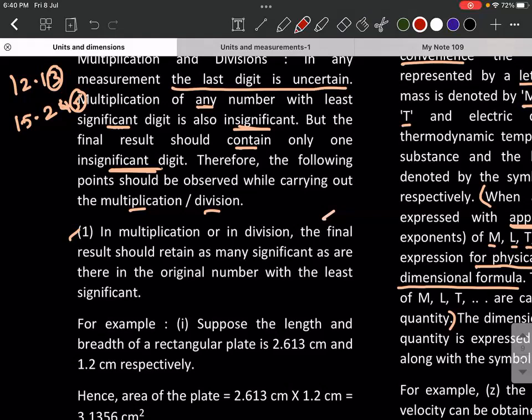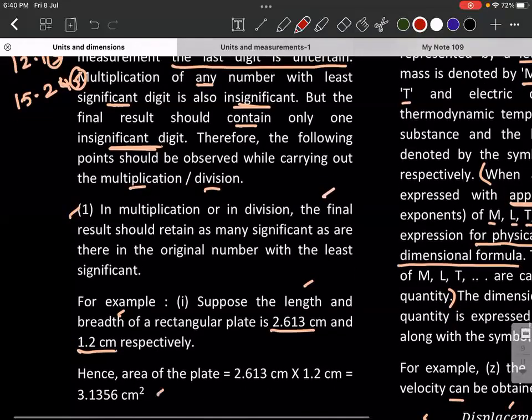Again, suppose you have the length and breadth of a rectangular plate, which are 2.613 and 1.2 centimeter. Then you are getting the answer as 3.1356 centimeters square. That is the area of the rectangular plate. But how will you report the answer? So read that first point.